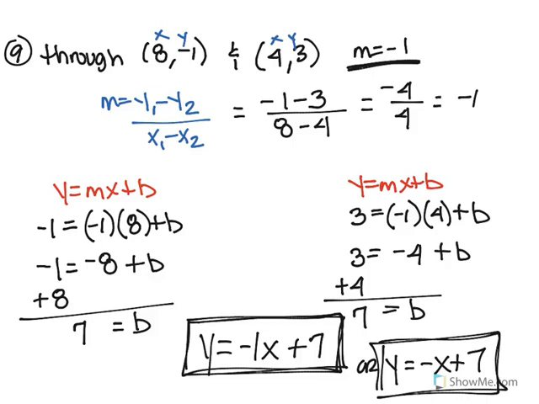Okay. Let's write the equation of a line that's going to go through the points -1, positive 3, and 3, 4. Again, I'm going to have to find the what? Find the slope.